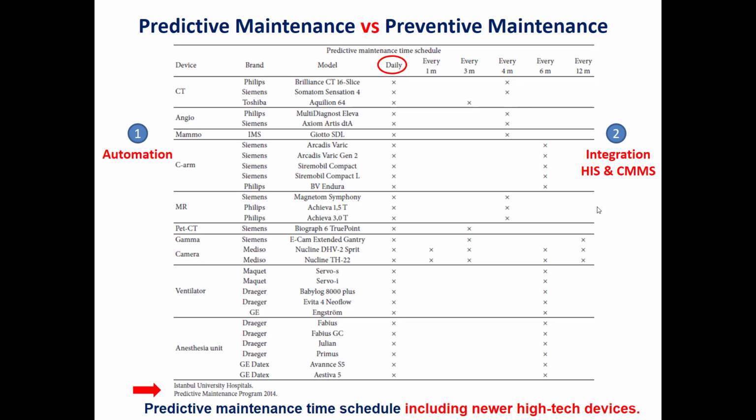So it has become easier now to perform predictive maintenance compared to the limitations in previous years, where we had medical devices or systems which were completely isolated from the health system or the CMMS. So now predictive maintenance has become a better choice and is now adopted in more hospitals around the world.